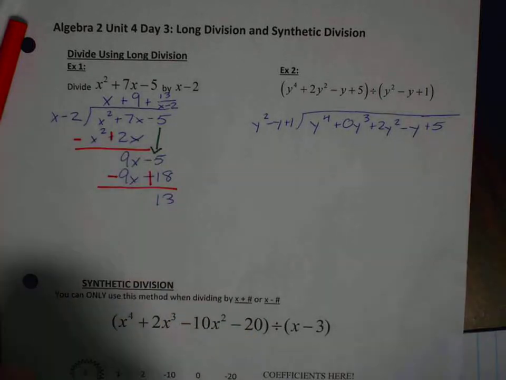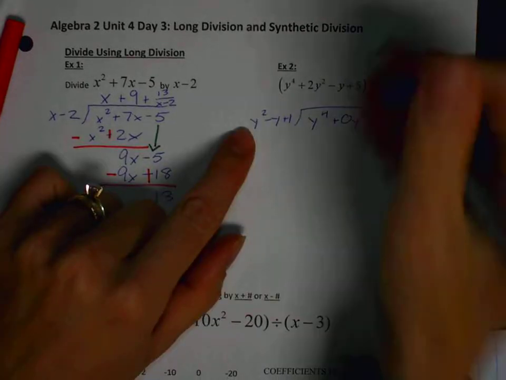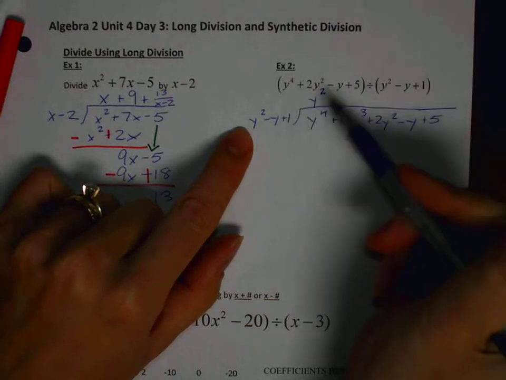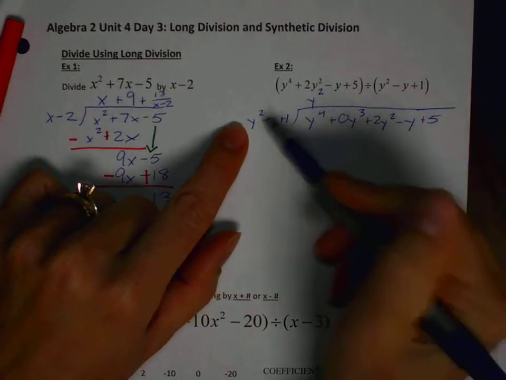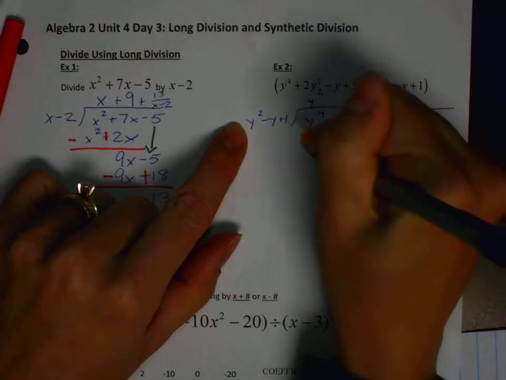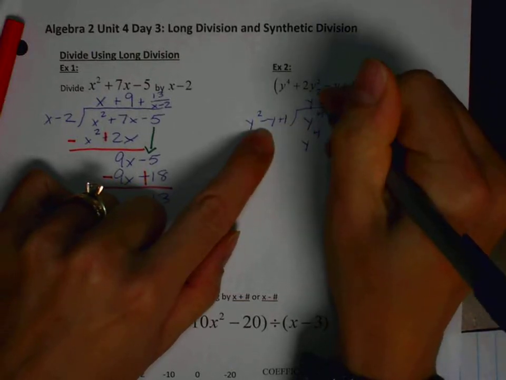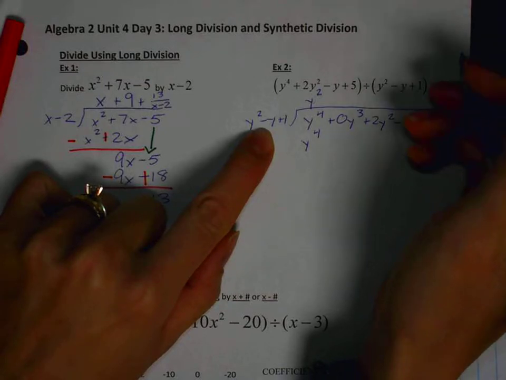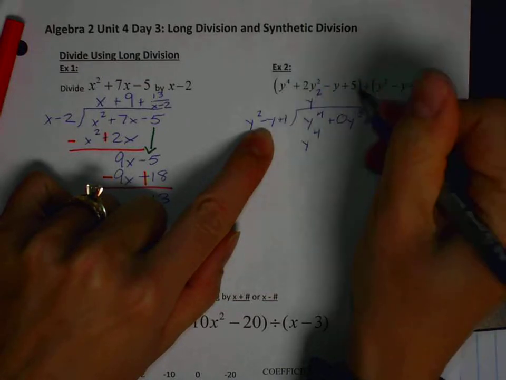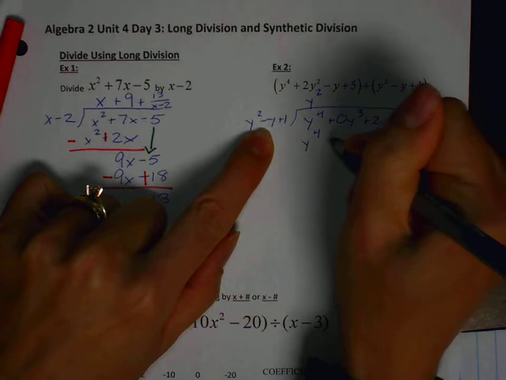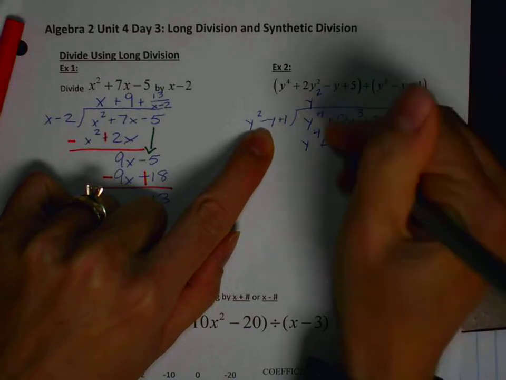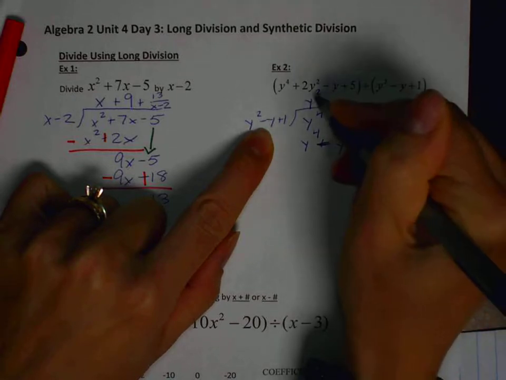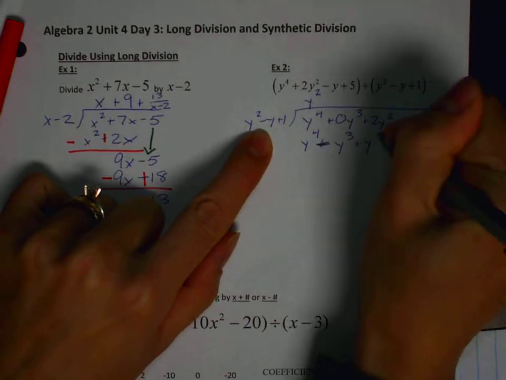All right, so my first step is divide. Y squared into y to the 4th goes y squared times. Second step, multiply. Y squared times y squared is y to the 4th. Y squared times negative y is minus y cubed, and y squared times 1 is plus y squared.